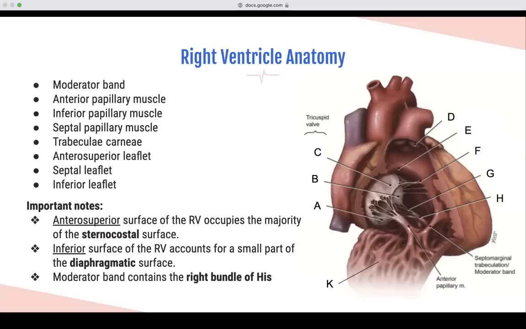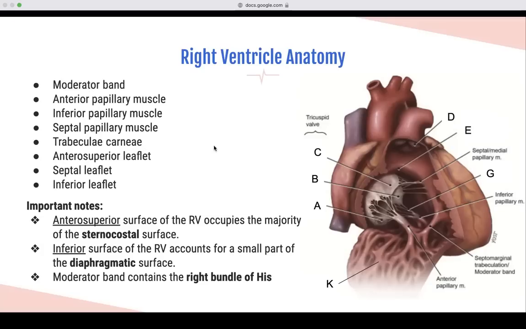H. Yep. Or inferior papillary, as they call it, more inferior papillary, not posterior. Then one more left, which is the septal papillary muscle. F. Yeah, it's the tiny one on top. Okay, trabeculae carneae, where's that?